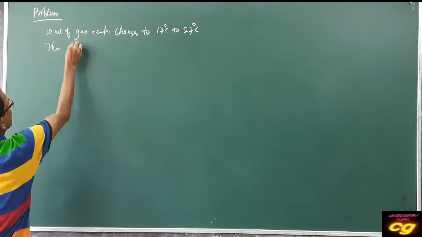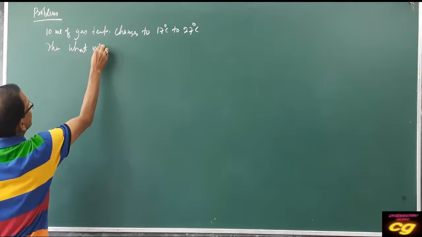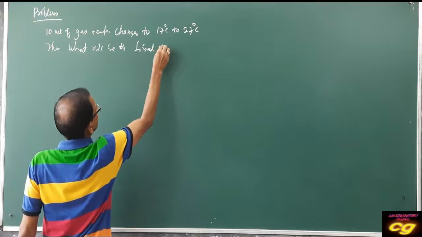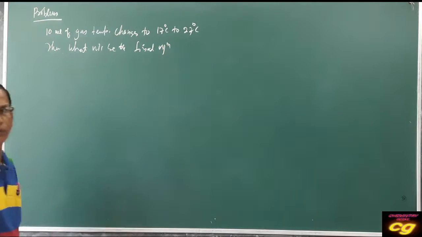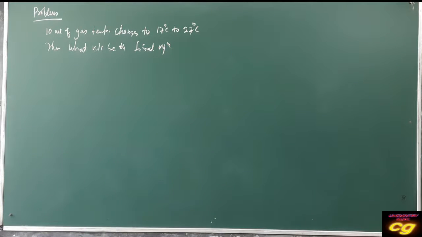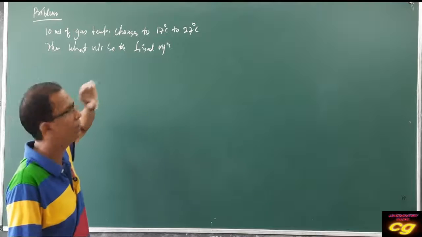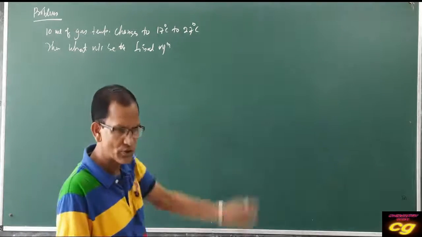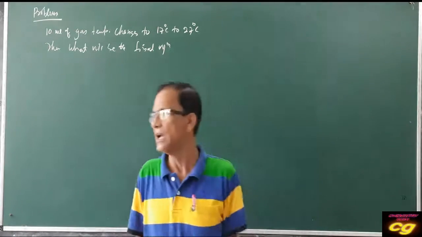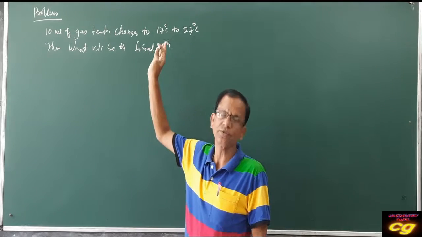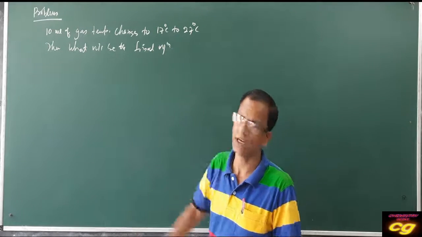Then what will be the final volume? What will be the final volume of the gas if temperature changes from 17 degrees to 27 degrees and initial volume was 10 ml? But here one thing remember, the pressure is not mentioned, means no data regarding the pressure, that means pressure is taken as constant.